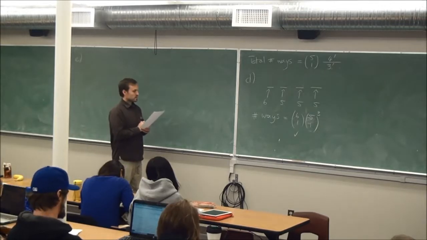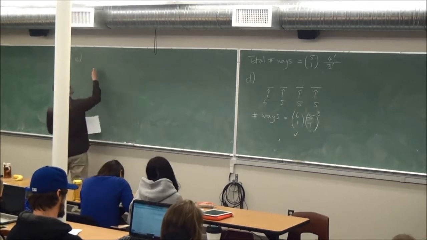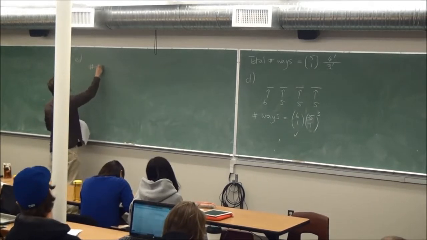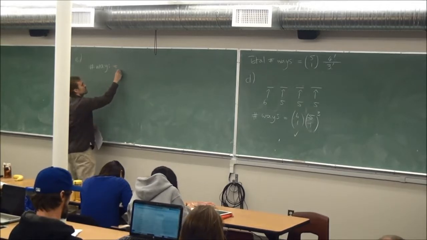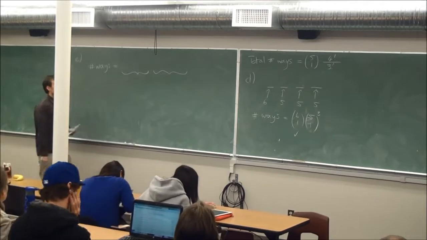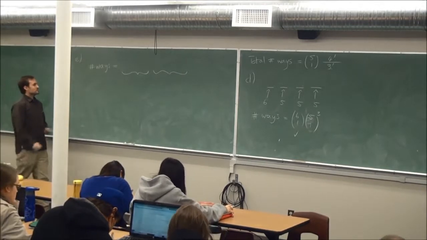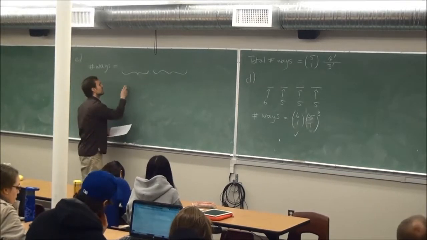So, if the numbers are all distinct, let's do them in 2 steps, like we did C. Let me write it in one line. Step 1 was what? Get the numbers together.